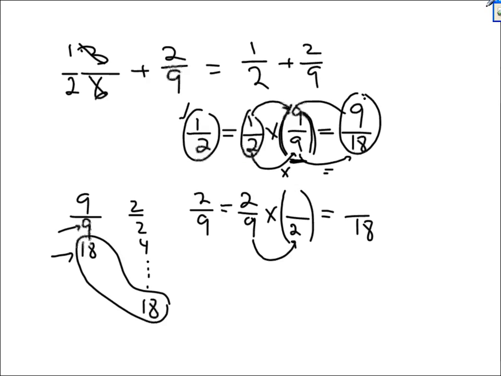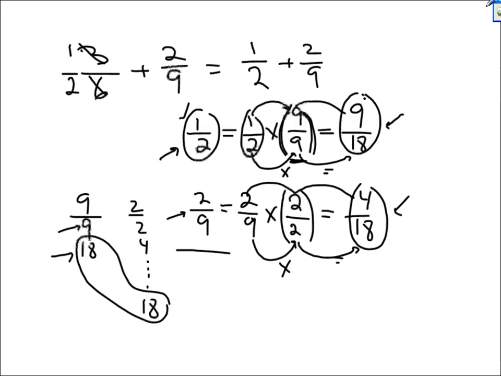9 times 2 gives me the 18. If I have 2 on the bottom, I have to put 2 on the top. 2 over 2 equals 1. And 2 times 2 just happens to equal 4. So, adding a half and 2 over 9 is the same as adding these two numbers.